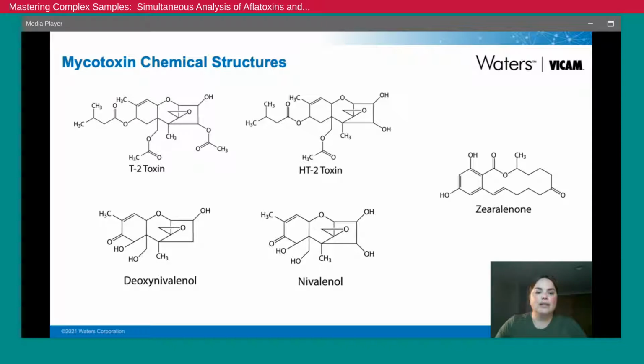Other mycotoxin chemical structures are shown here, including T2 toxin, HT2 toxin, deoxynivalenol, nivalenol, and zearalenone. T2 and HT2 toxins are members of the fungal metabolites known as trichothecenes. Corn, wheat, barley, oats, rice, rye, and other crops have been reported to contain the T2 toxin.